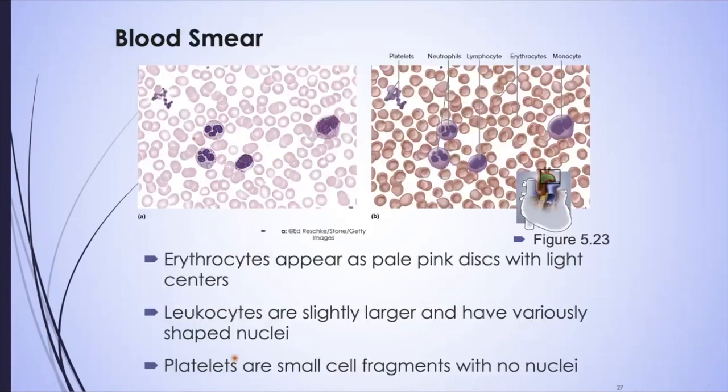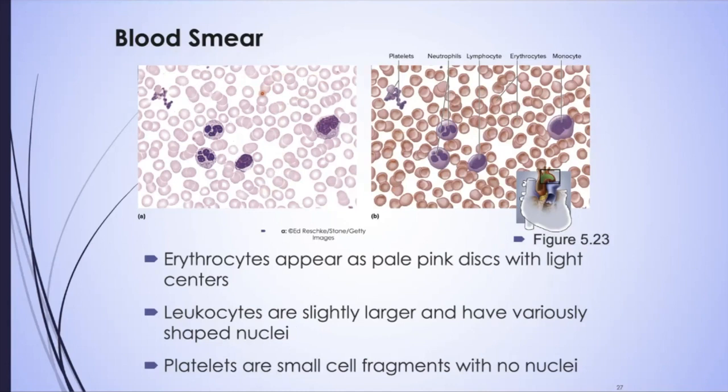Looking at this blood smear, you're going to see erythrocytes appearing as pale pink discs with light centers. Your leukocytes are going to be slightly larger, having different shaped nuclei. You can see that here. Look at those leukocytes. To me, they didn't really draw it pale pink, they drew it bright red, but this is what you're really looking at underneath a microscope.